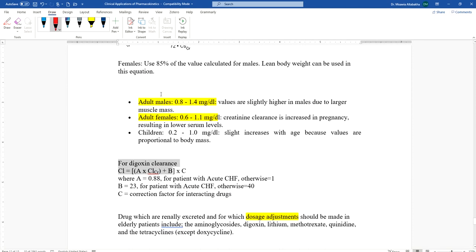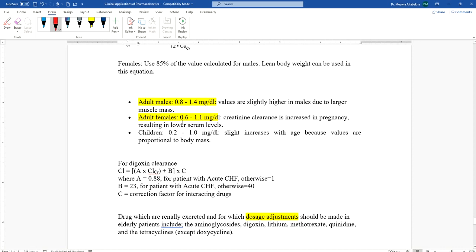Okay, what you see here is what you expect normally for an adult male: creatinine concentration is between 0.8 and 1.4 milligram per deciliter. Deciliter means one tenth of a liter, meaning 100 ml. Or sometimes I just say milligram percent.